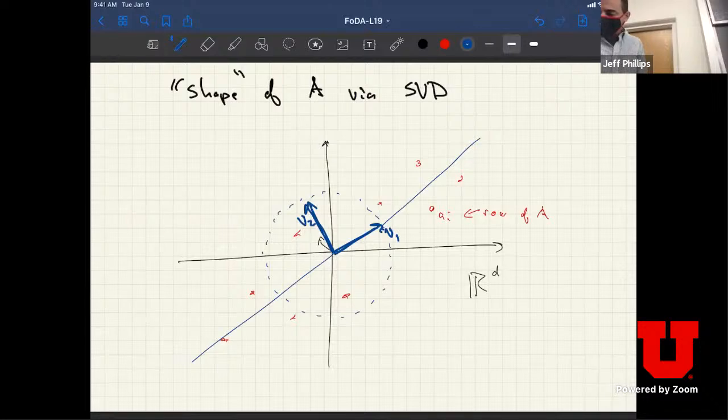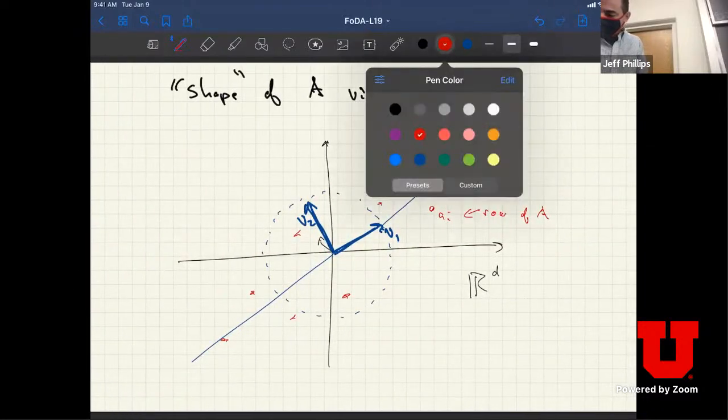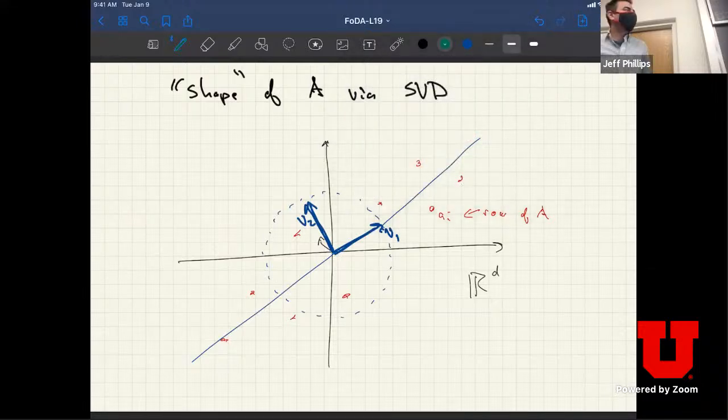I want to capture something about the scale here. To capture the scale, I'm going to think of scaling by the singular values. So I'm going to think of another vector coming out here, sigma 1 times V1, and this will be sigma 2 times V2.